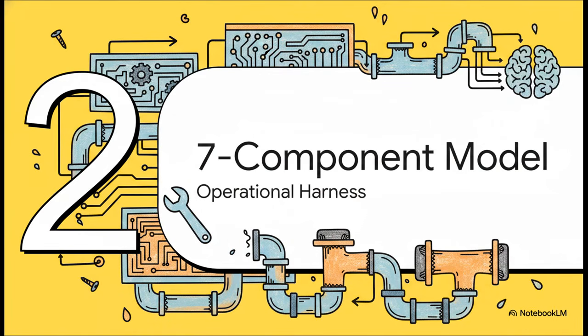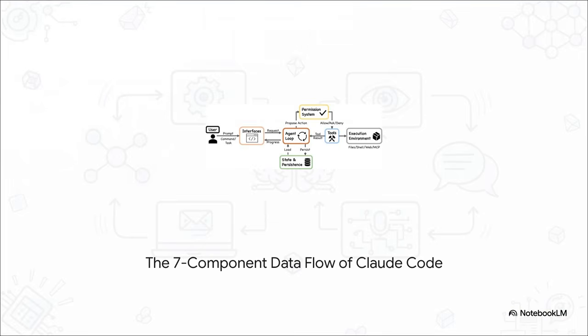Moving right along to section 2, the 7-component architecture, the operational harness. To build that reliable plumber we just talked about, you need some seriously robust infrastructure. I mean, a brain without a body can't exactly fix a pipe, right? Consider the hierarchy of these 7 distinct system components. You've got the user, the interfaces, the agent loop itself, a permission system, the tools, state and persistence, and an execution environment.